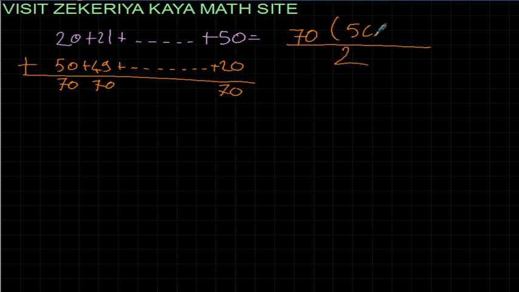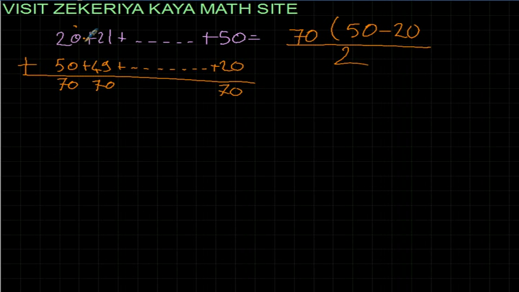Look at that. If I subtract 20 from 50, when I subtract 20 from 50, I calculate the number 50, but I don't calculate the number 20. Do you understand?